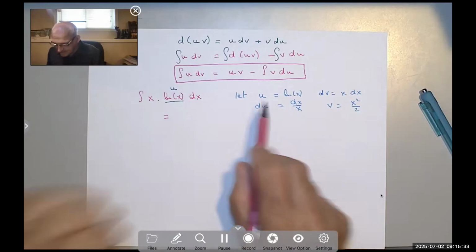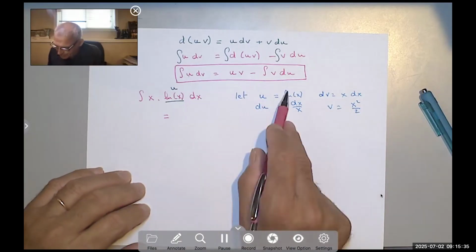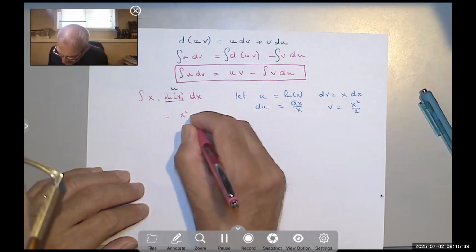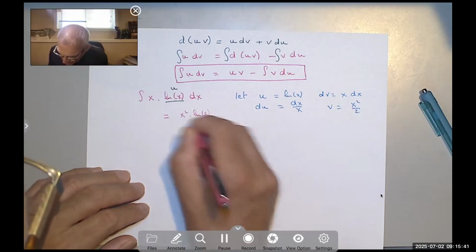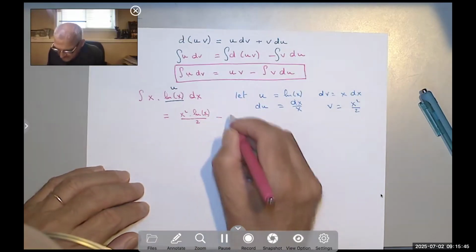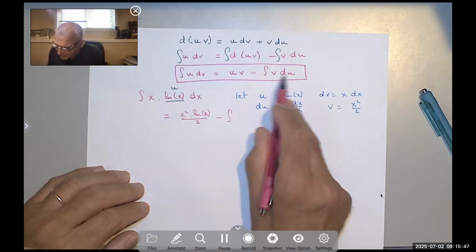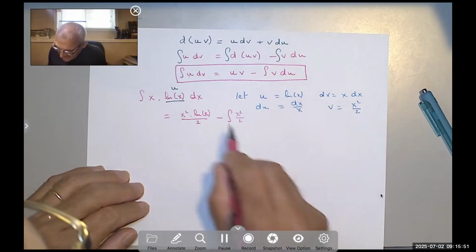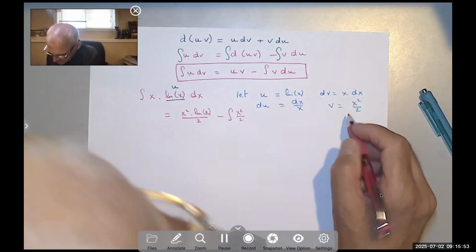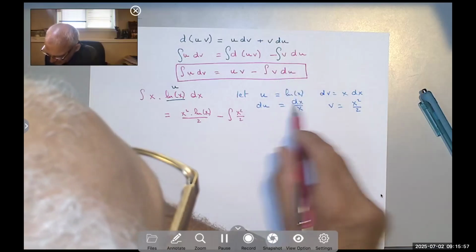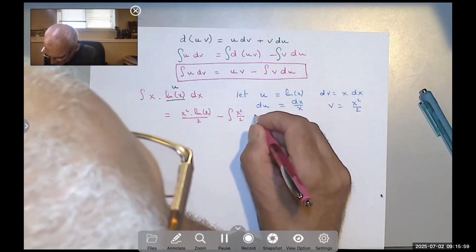So I know the answer is u times v, which is x squared natural log of x over 2 minus the integral of v du. v is x squared over 2, and du is dx over x.